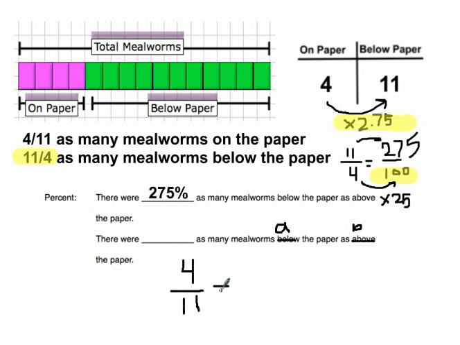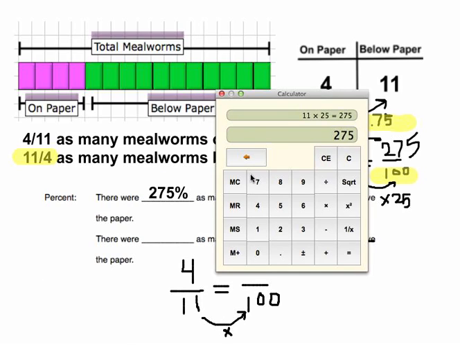4/11ths is a fraction. To get it to a percent, let's get the denominator to 100. In this case, it's not as simple as multiplying by 4 because 4 went perfectly into 100, 11 doesn't. So we're going to be multiplying by a decimal. And in percents, it's okay to have decimals. That's why we don't represent it as a fraction, because we're making every number a common denominator, and of course it doesn't always work that way.